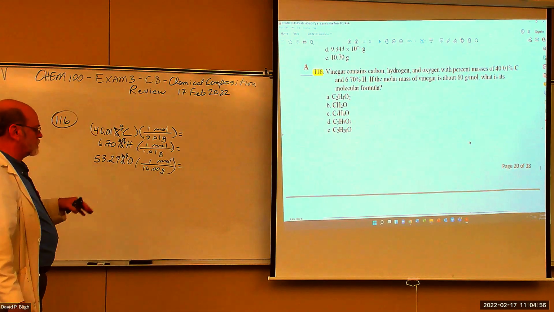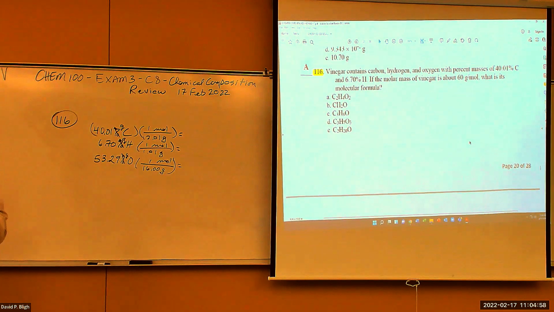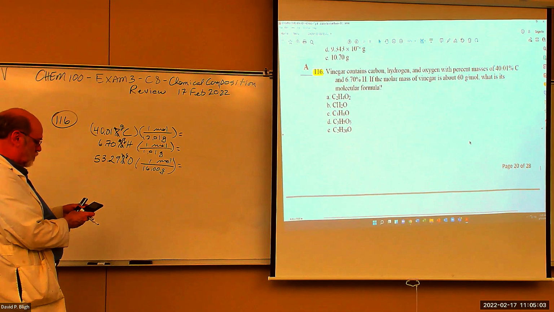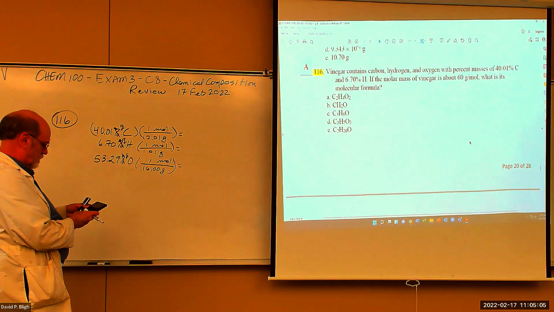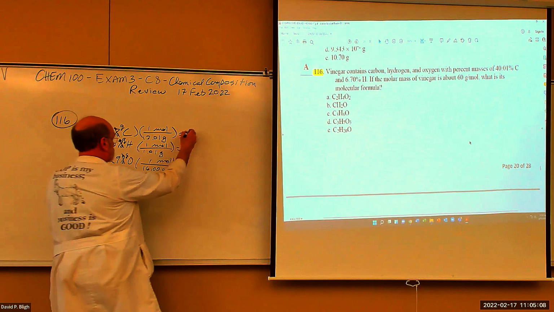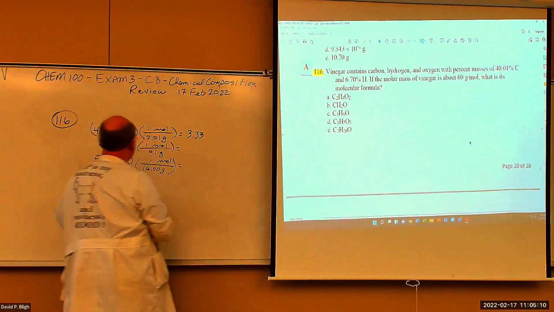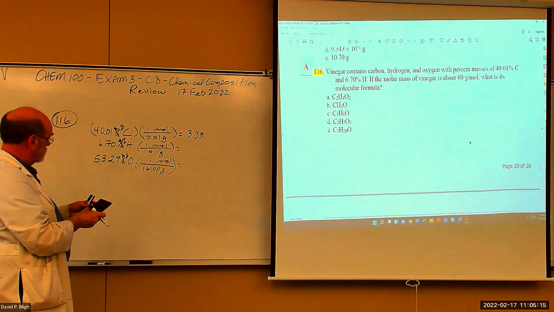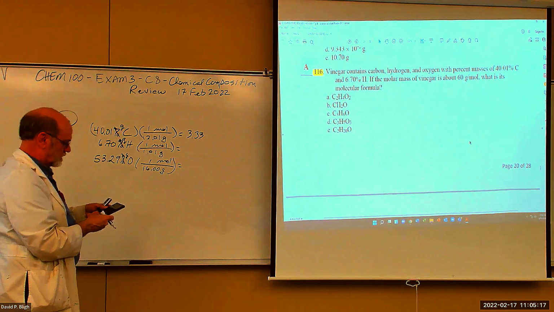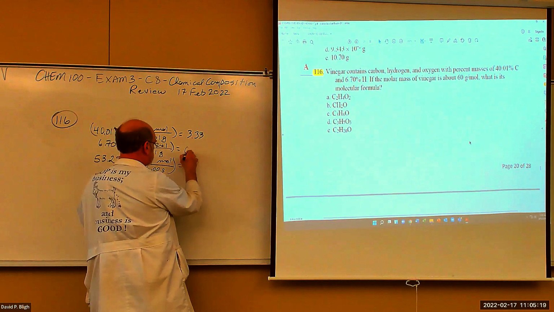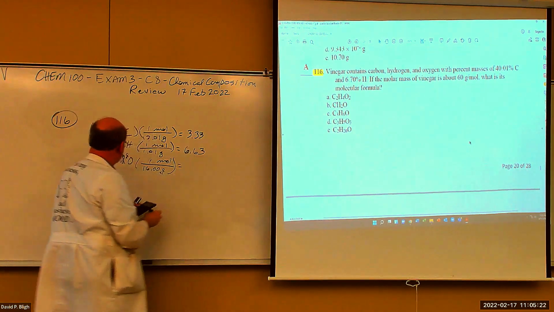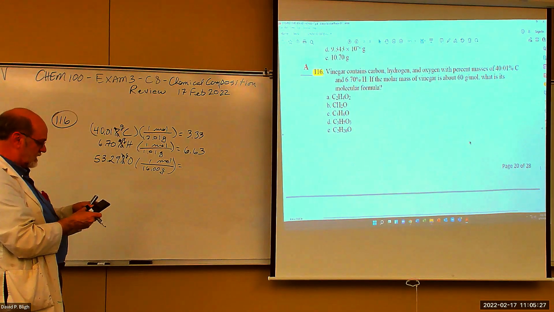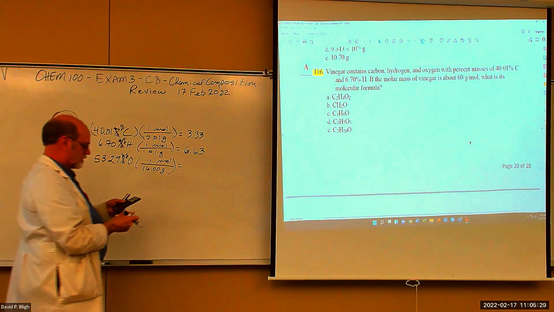Then we would ratio those, and I might as well do it. 40.01 divided by 12.01 is 3.33 moles of carbon, and then 6.7 divided by 1.01 is 6.63, and then 53.29 divided by 16 is 3.33.